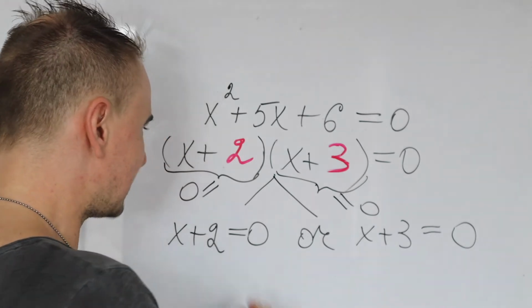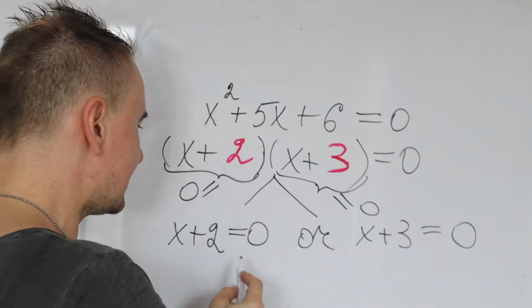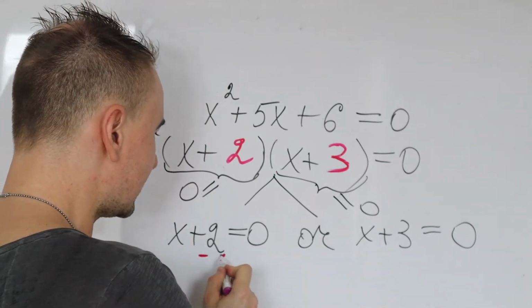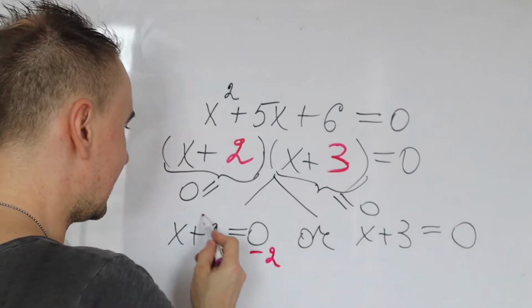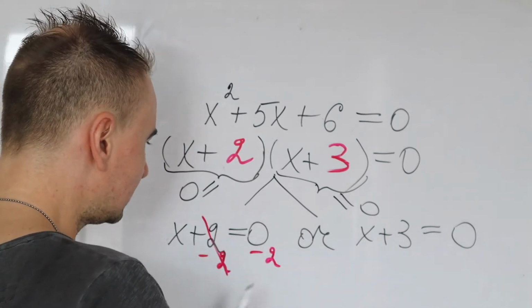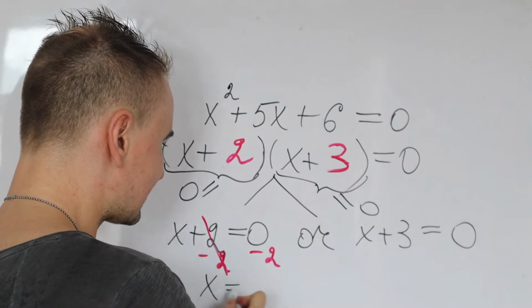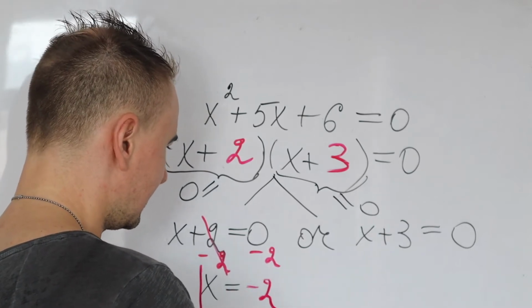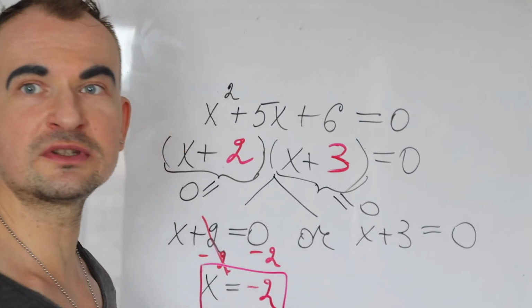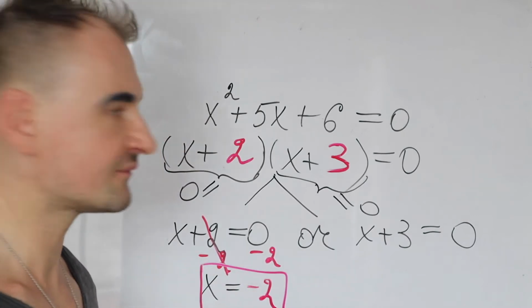Now, when x plus 2 equals 0, basically what you can do, you can just subtract 2 from both sides. Here it cancels out, and your x becomes just negative 2. This is your first root, this is your first solution.